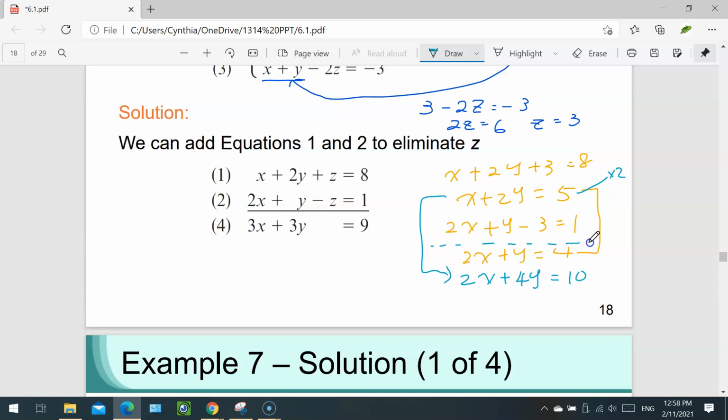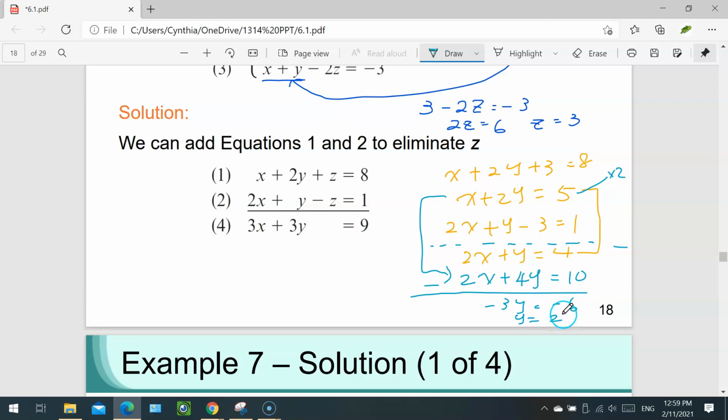Now we can eliminate the x term. 2x minus 2x cancels out. y minus 4y, I get negative 3y. 4 minus 10, I get negative 6. Divide by negative 3, I get y equal 2.